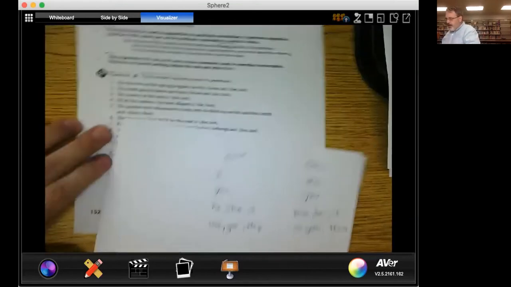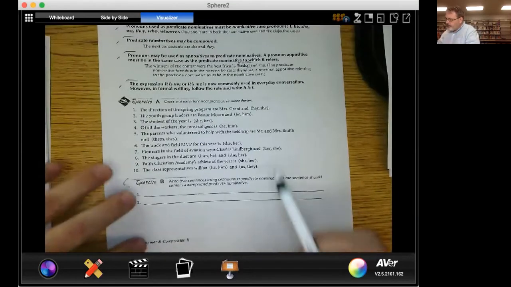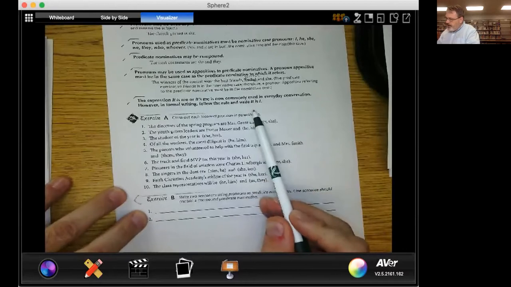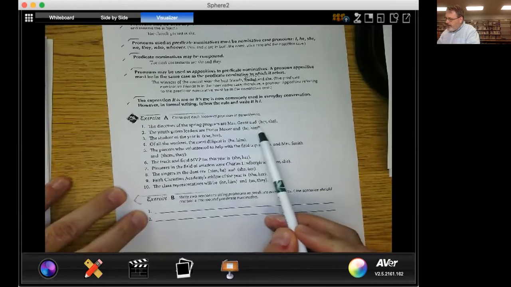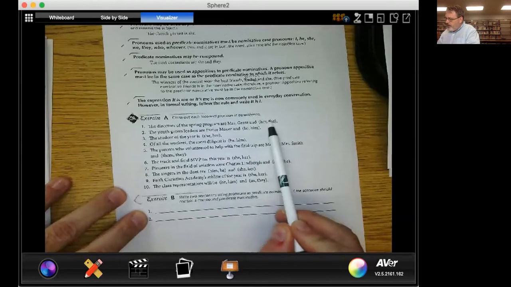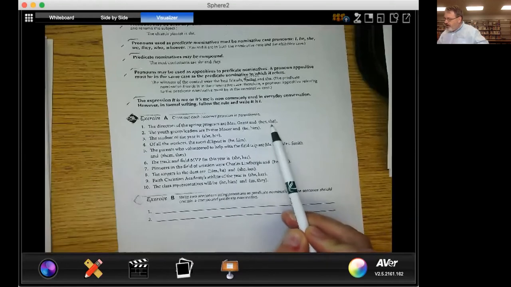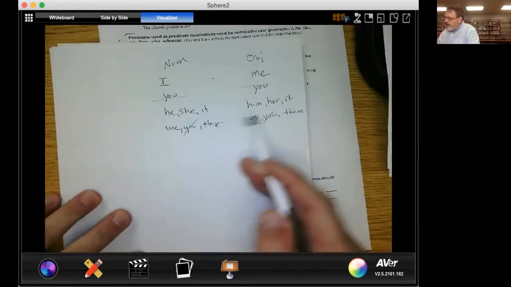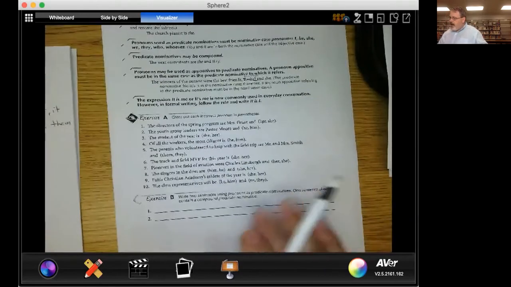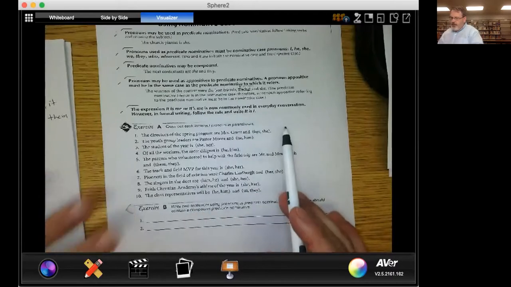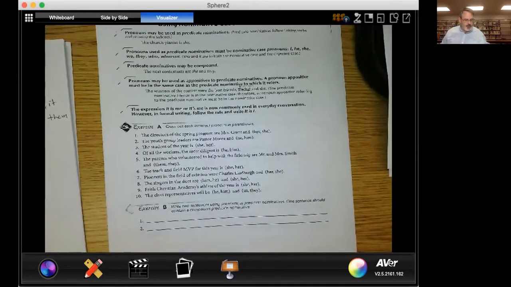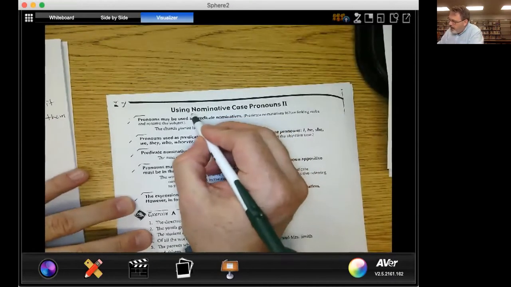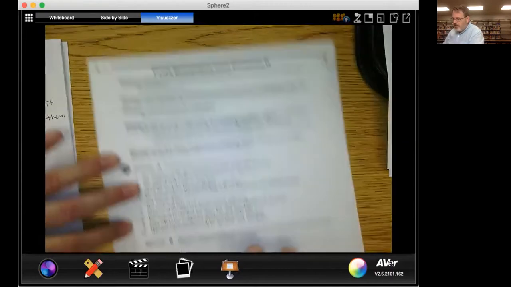If you look at the assignment, it's asking us whether we use her or she. She is the nominative case. Her is the objective case. Because we're dealing with a predicate nominative, the answer should be the nominative case, because predicate nominative implies nominative case.